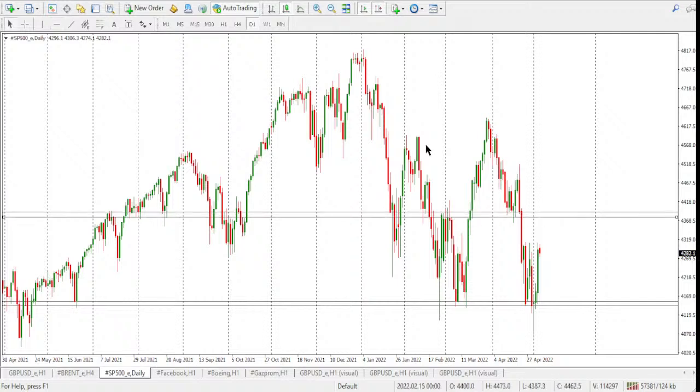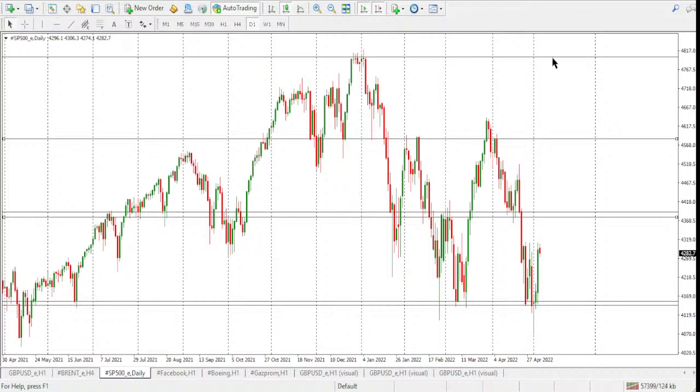This is the first target. The next target is this one, and then the next target is this one here. So we expect buyers to continue to push price upwards up to this level. Our next target is this one, and then the last target is the one we have at the very top.